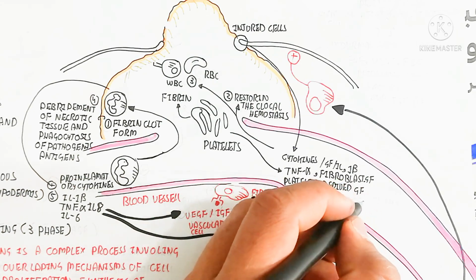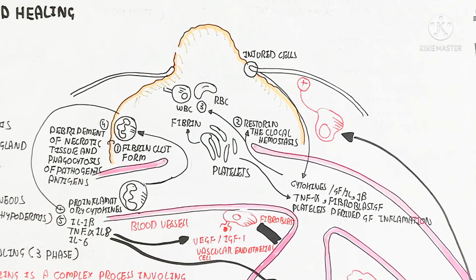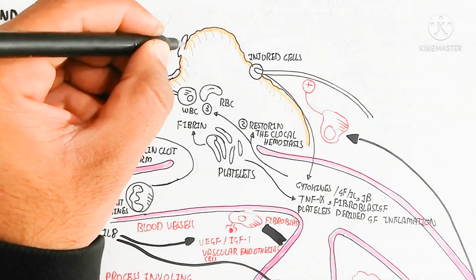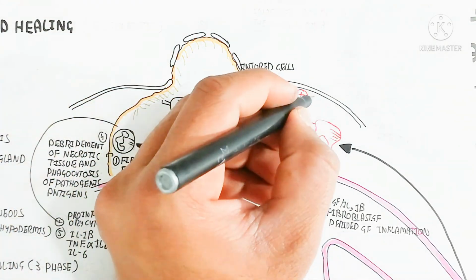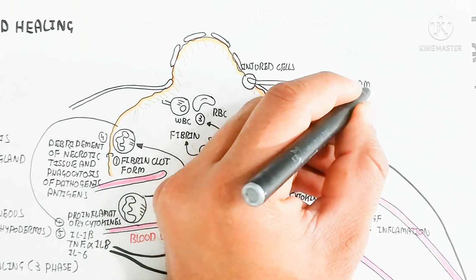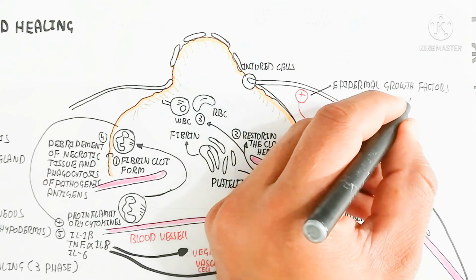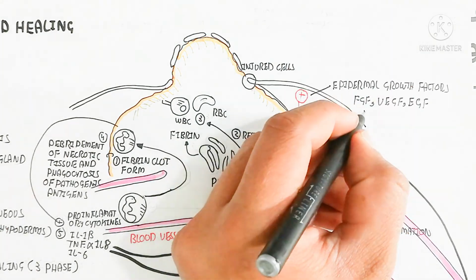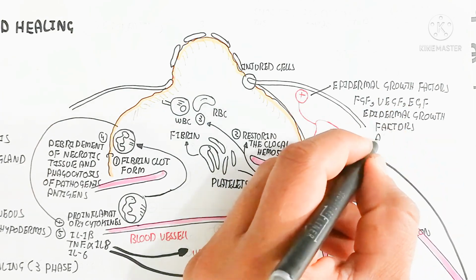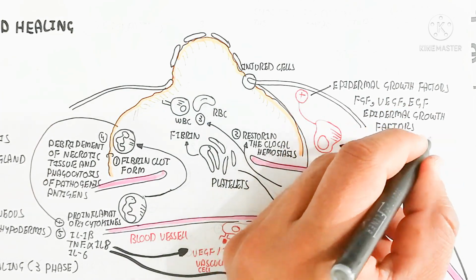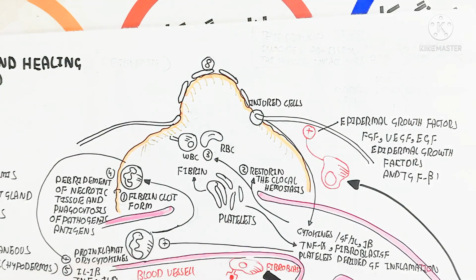Basically here the platelets also produce cytokines, growth factor, interleukin, and tumor necrosis factor alpha for inducing apoptosis of damaged cells, and fibroblast growth factor and platelet-derived growth factor, which are used for the growth of the fibroblast. So that is why the platelets play an important role in the proliferation of the fibroblast.